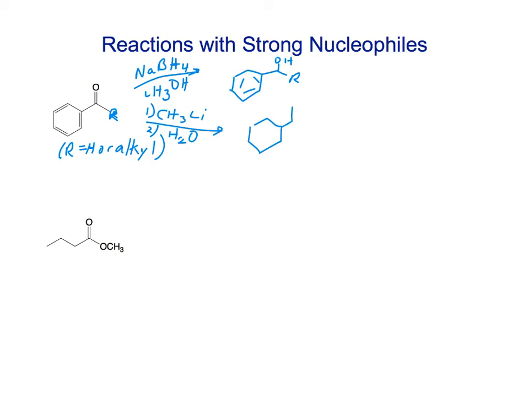So we again get an alcohol, but we've added another alkyl group. Would we get anything different if we used methyl magnesium bromide rather than methyl lithium? This is just like this. No, we'd get exactly the same thing. So we could use either of those to do the same thing.